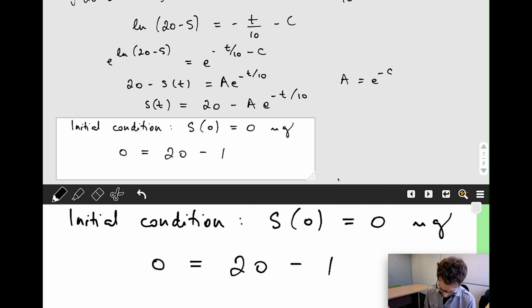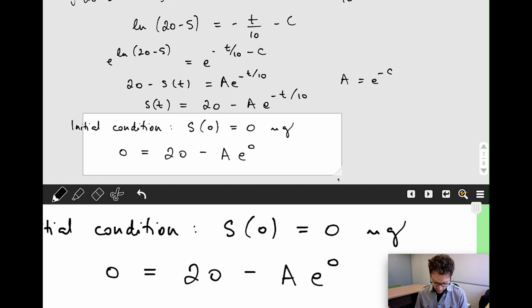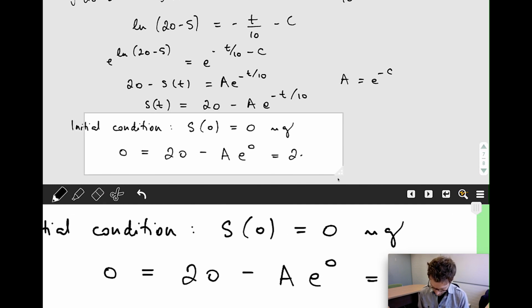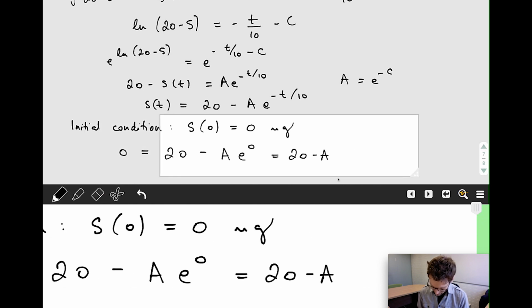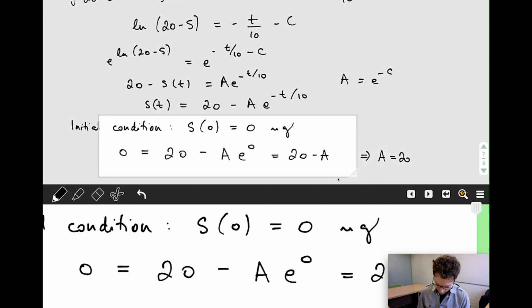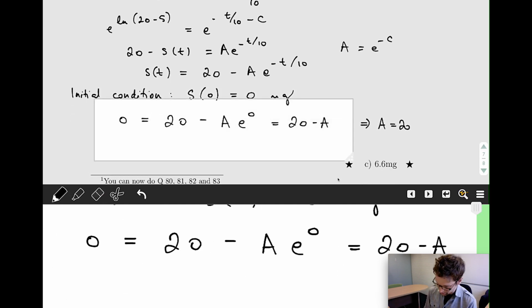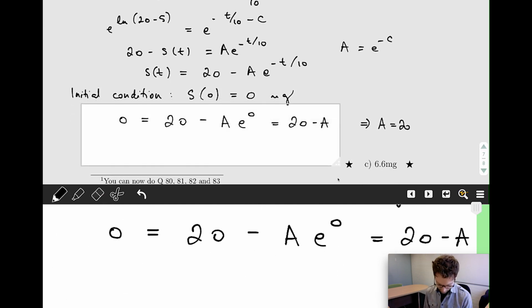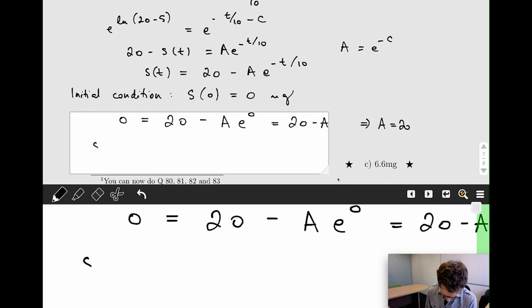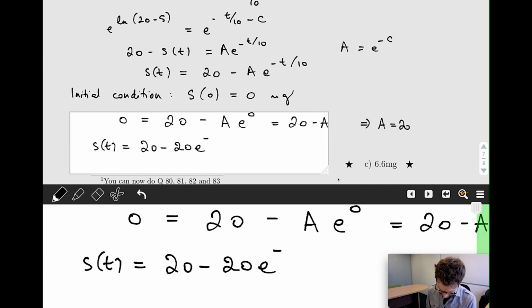So that's equal to 20 minus e to the 0 times A. e to the 0 is 1. So that gives me A is equal to 20. And so I find that S(t) is equal to 20 minus 20 e to the minus t divided by 10.